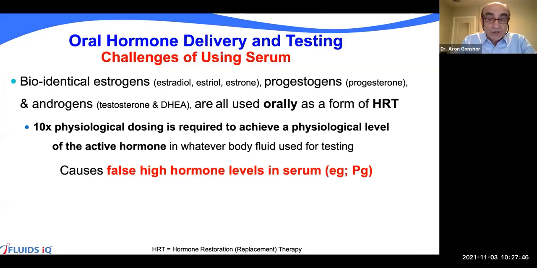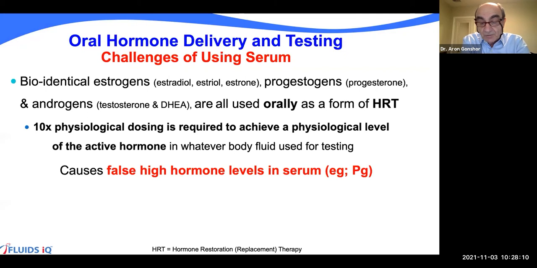So when you're looking at utilizing serum for bioidentical estrogens, which are used in hormone replacement therapy, be they the estrogens, progesterone, the androgens like testosterone and DHEA, most of the time they're used orally as a form of HRT, which is hormone replacement therapy.